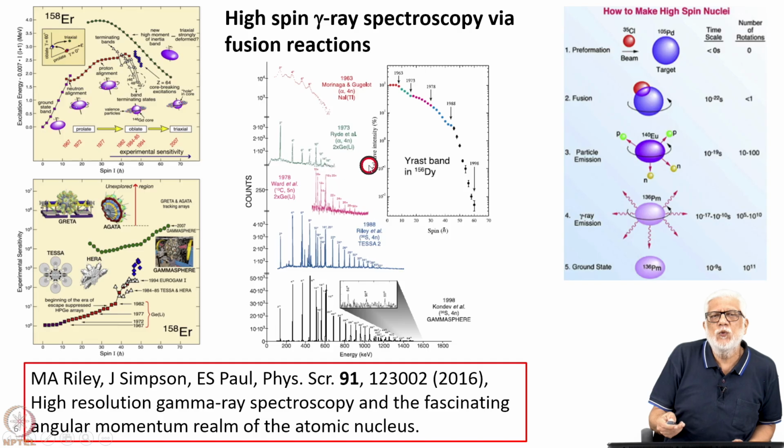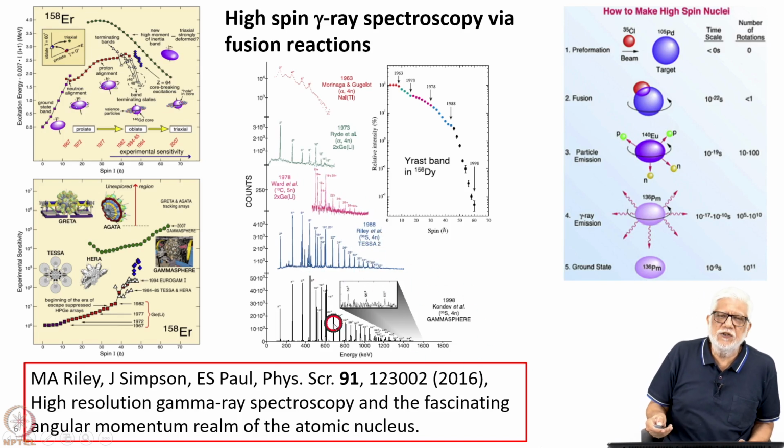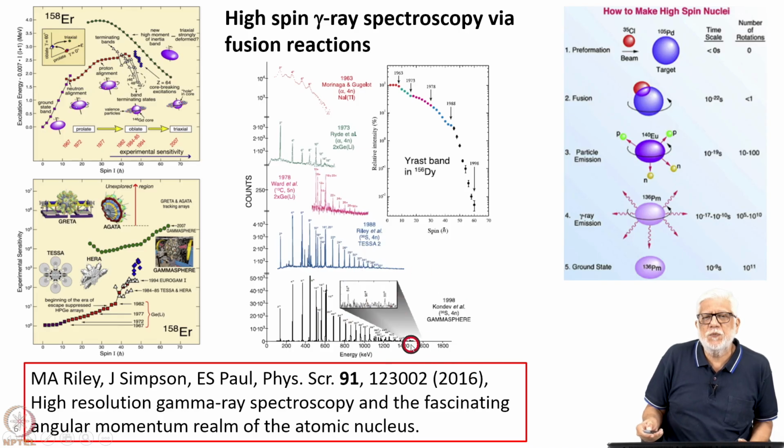Then when you went to germanium detectors, this was extended, and when you had a larger array, this was extended further. So this is TESSA, and then of course if you have Gammasphere, which has about 100 odd high purity germanium detectors, then you can extend this spin considerably. Okay, and also with good statistics.